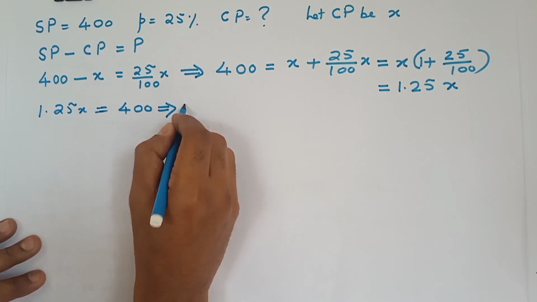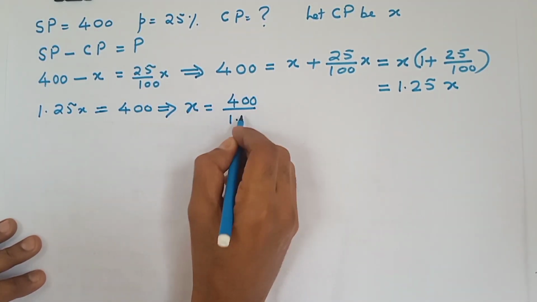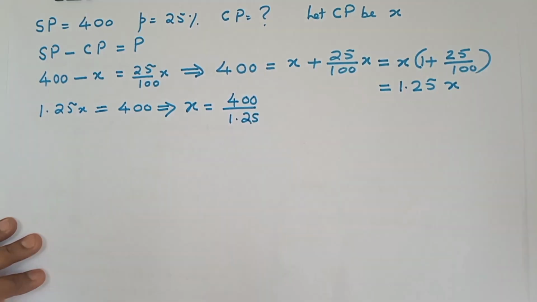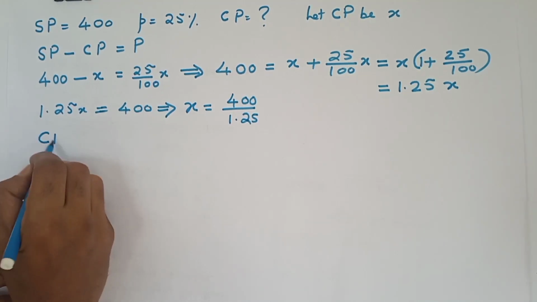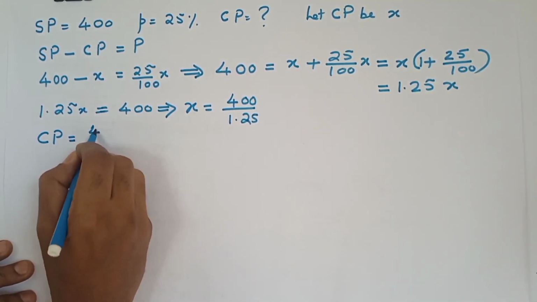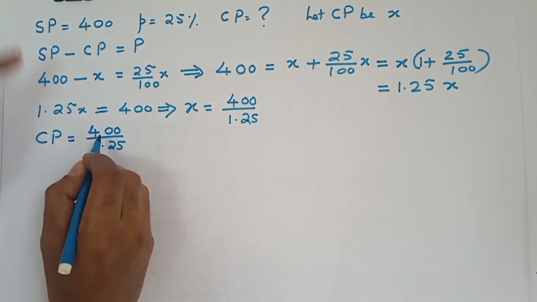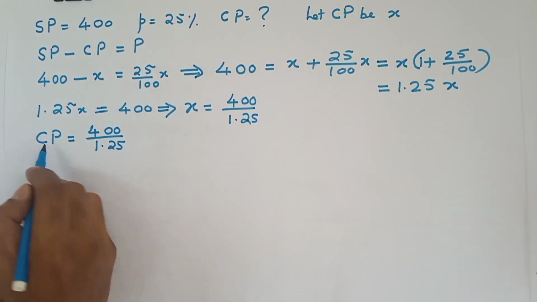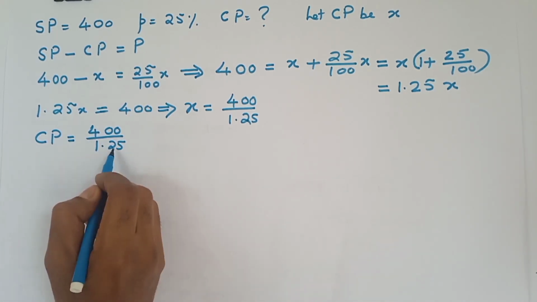This implies X is equal to 400 by 1.25. What was our X? This was CP. Now what is 400? SP. To find out CP from SP, you divide SP by 1.25.